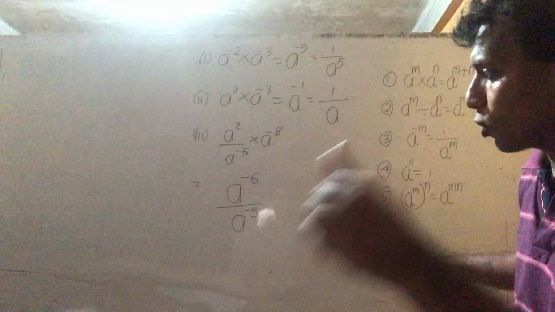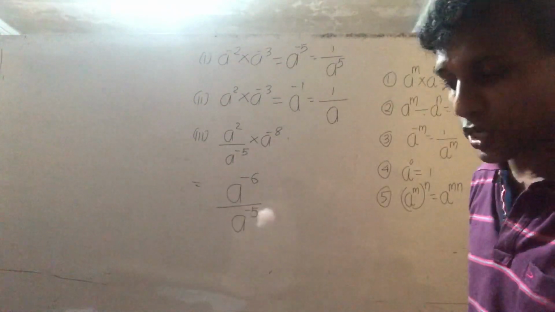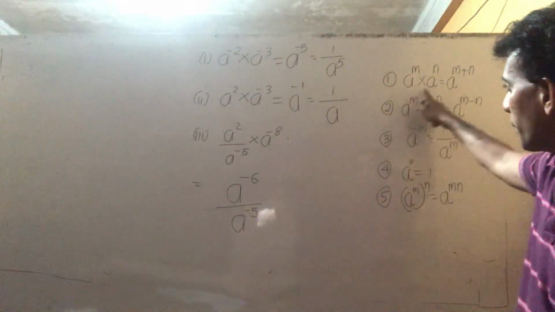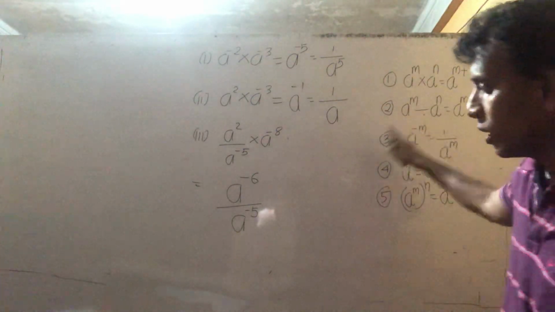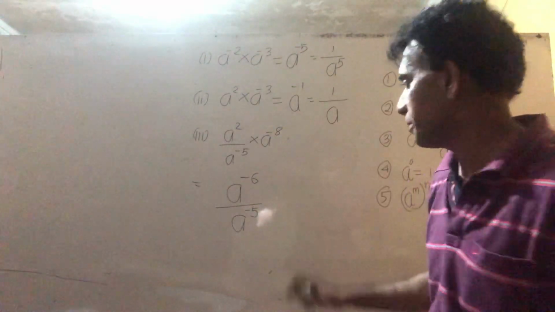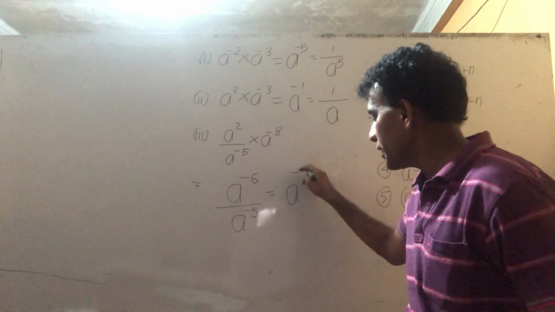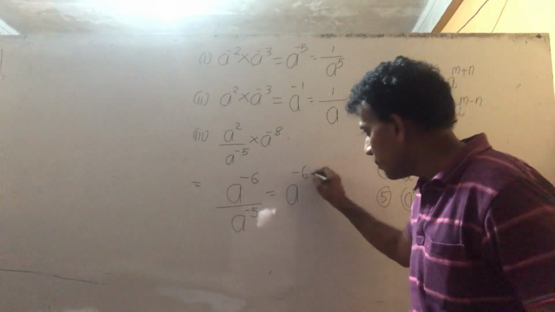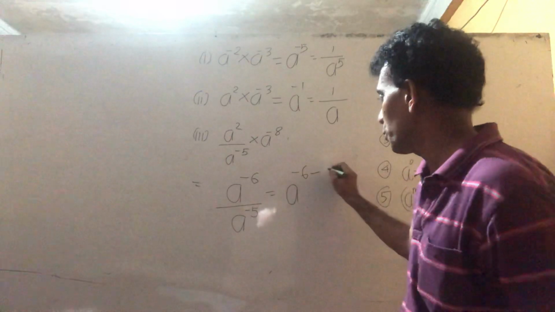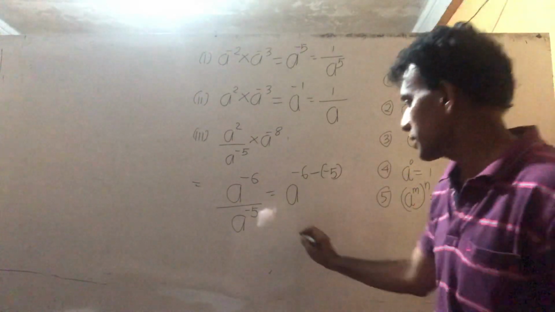Pause the video, stop the video, check your previous video notes, check your exercise book and see how we apply this second rule. Bases are same, division comes, subtract the power. So a to the power minus 6, subtract minus 5. So what is that?